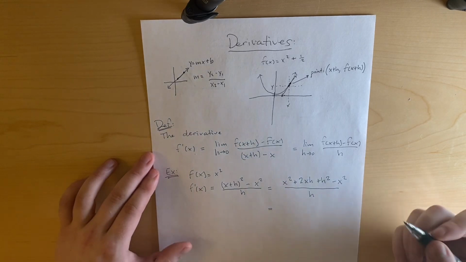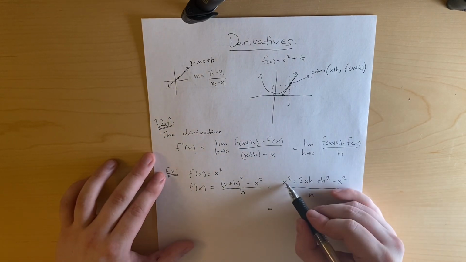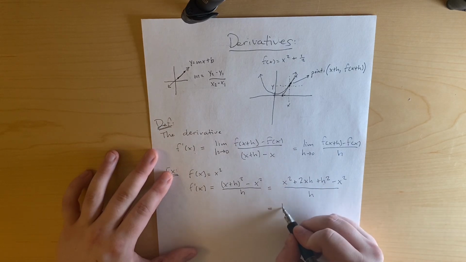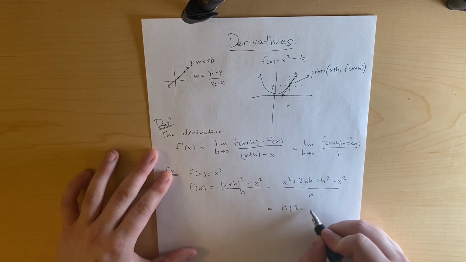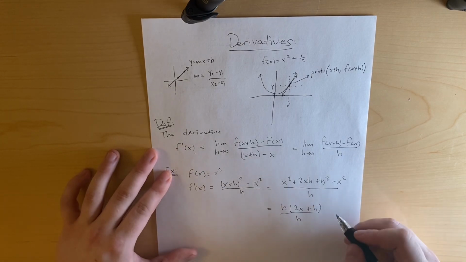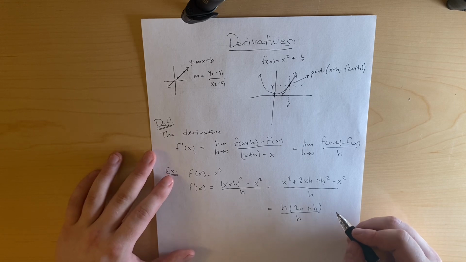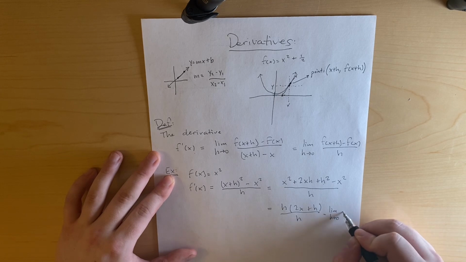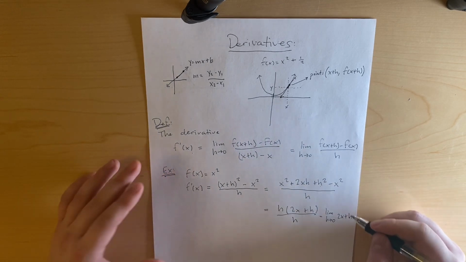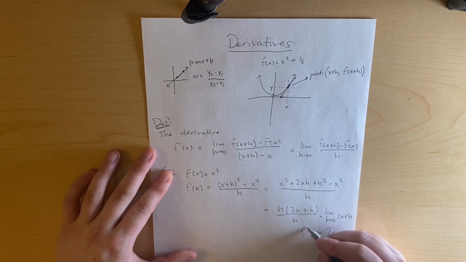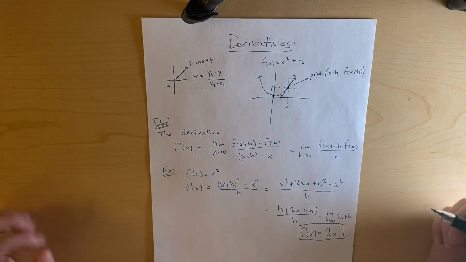And this is going to be equal to, the x squares are going to cancel out, and we can factor out an h here, so we're going to be left with h times 2x plus h. So these h's are going to cancel out, and we're going to be left with the limit as h approaches 0 of 2x plus h. So as we can see, this is going to be equal to 2x. So the derivative of this function is equal to 2x. Hopefully that makes sense.